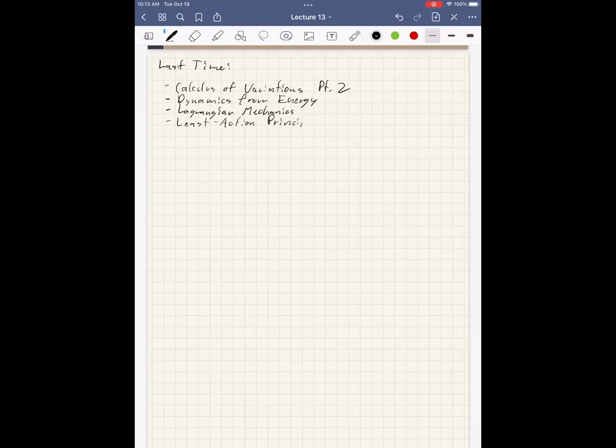So today, a couple things. First, I got a bunch of questions about interpreting the least action principle. Last time I basically argued that it really is equivalent to F equals ma at the end of the day. It's coordinate invariant and has all these nice things, but there's not a whole lot there.